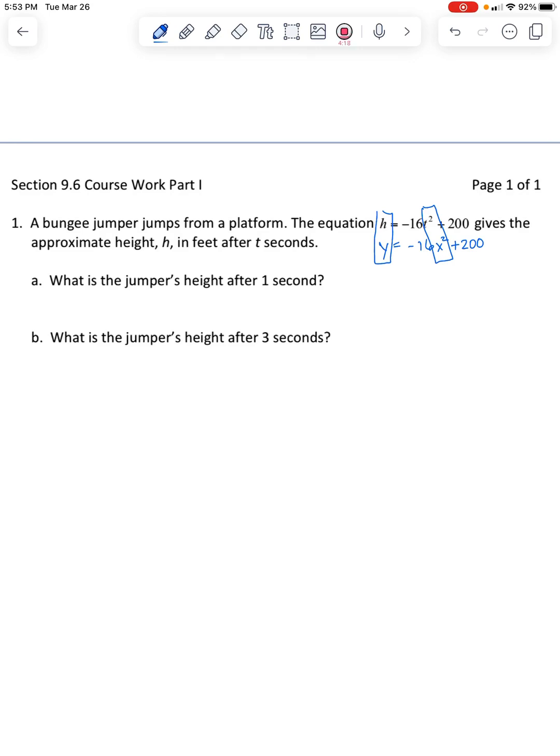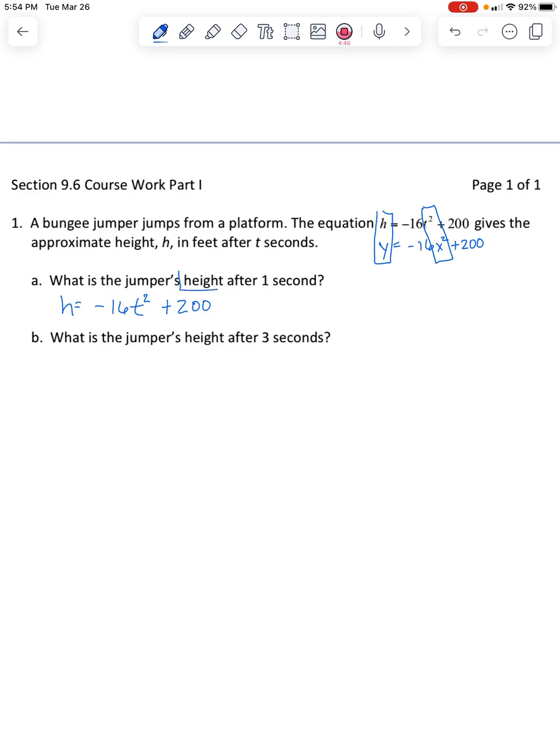So we're asked on letter A, what is the jumper's height after 1 second? We can take the original equation of h equals negative 16t squared plus 200, and plug our values into the equation to find out the height.